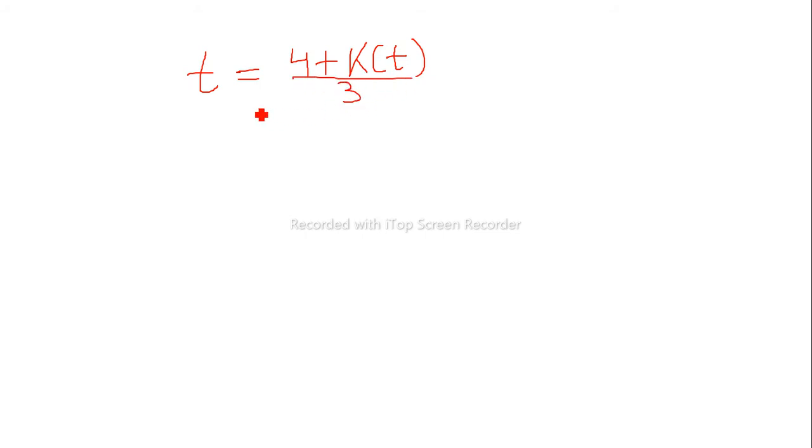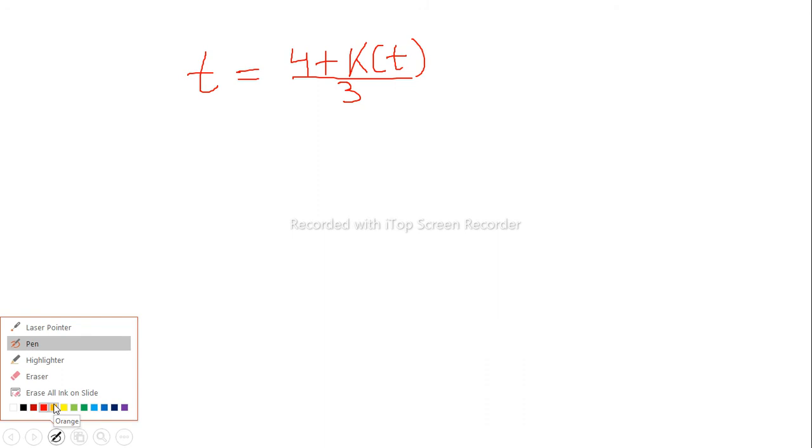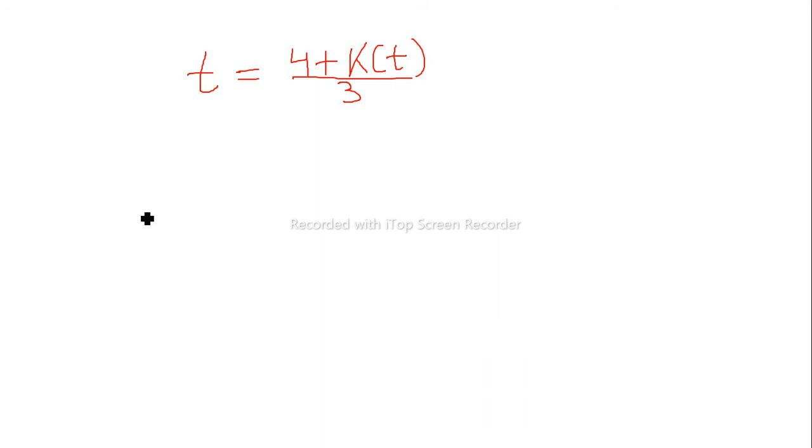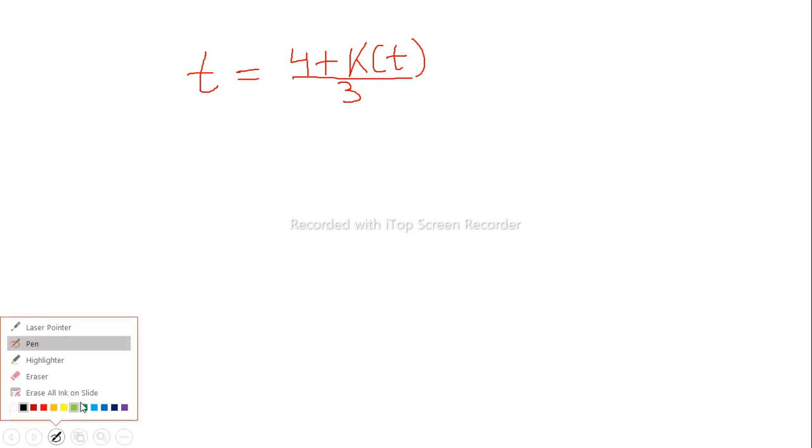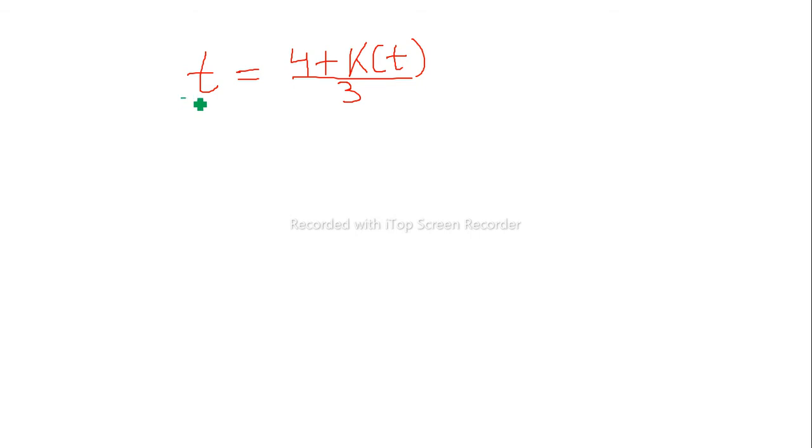At this point, what could we do? We have to solve for K of T. But we could cross multiply, right? Yes. So we put T over 1, and then we cross multiply.